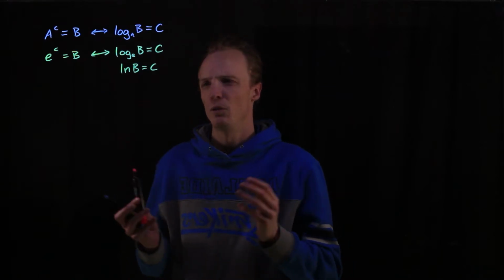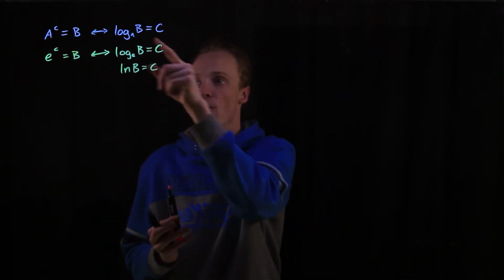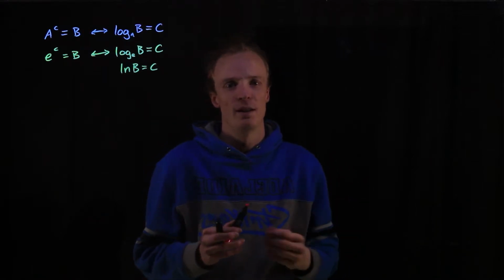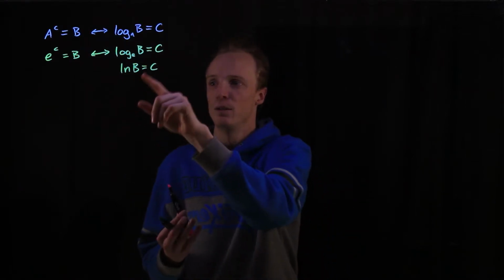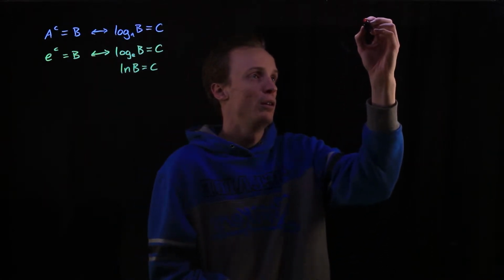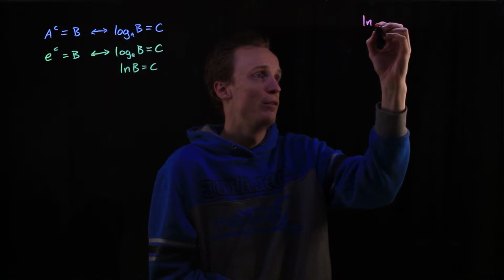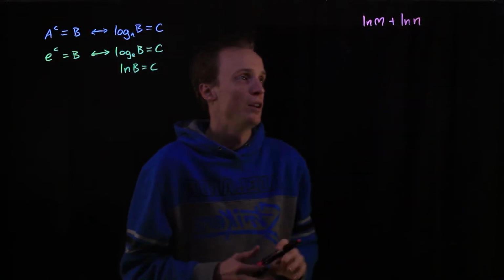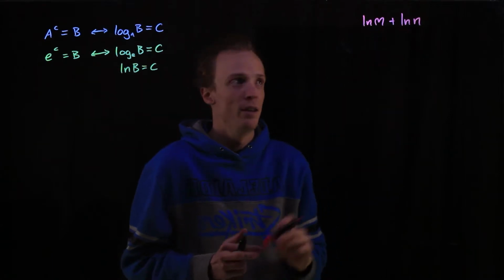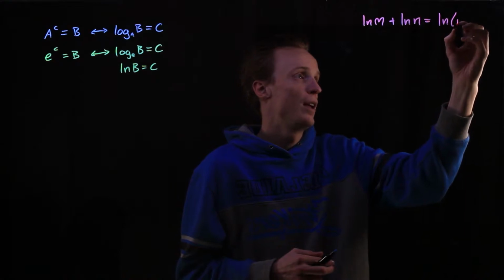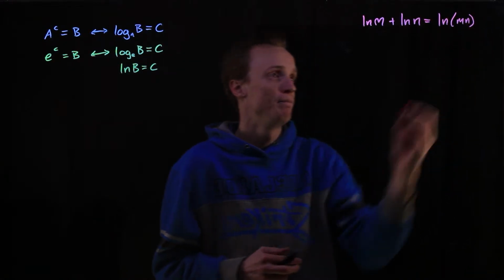Now, because the natural logarithm is just a normal logarithm with the base of e, all our log laws still apply. So we can rewrite our log laws in terms of the natural logarithm. For example, the natural logarithm of m plus the natural logarithm of n can be rewritten as the natural logarithm of m multiplied by n.